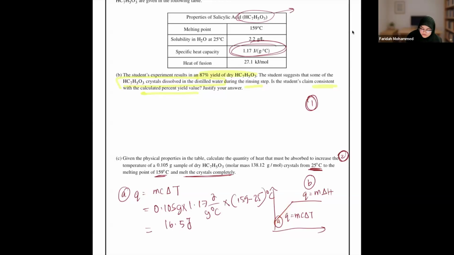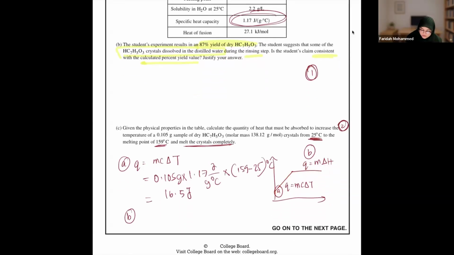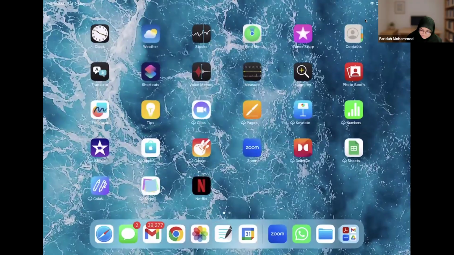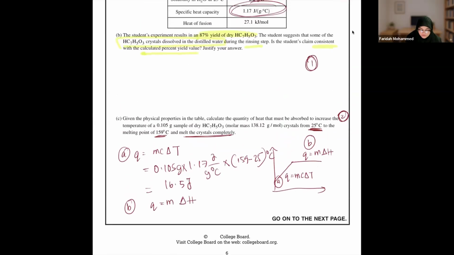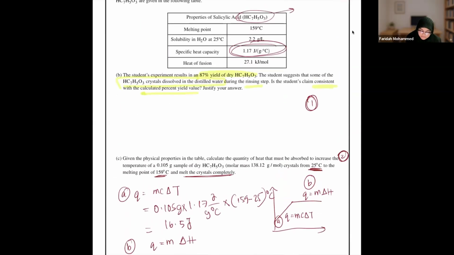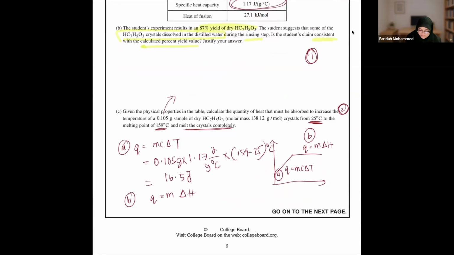In the second process, you're going to start melting it. So if you melt it, again you do Q equals M delta H. Now again, M can either be mass or mole. You have to look at the unit. So this is per mole, right? So you have to convert the 0.105 grams to moles first.